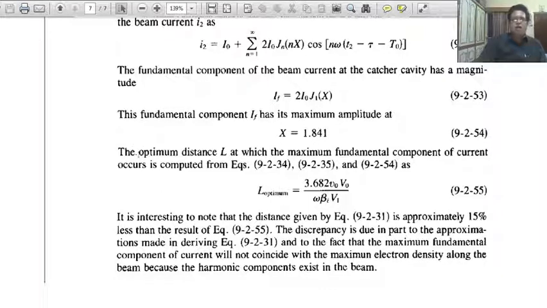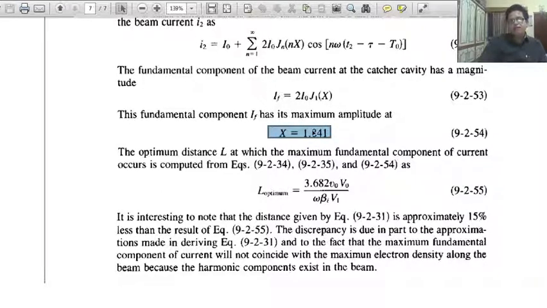Now, the optimal distance L at which the maximum fundamental component of current occurs is computed from equations 34, 35 and 54 by using x equal to this.